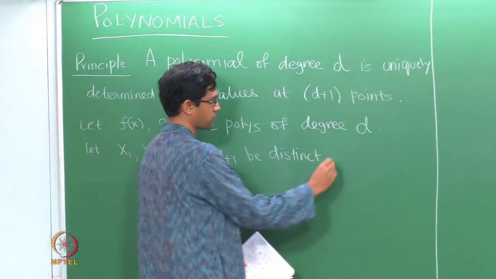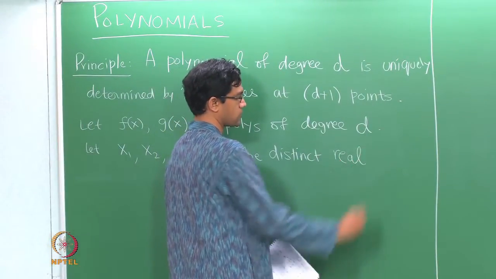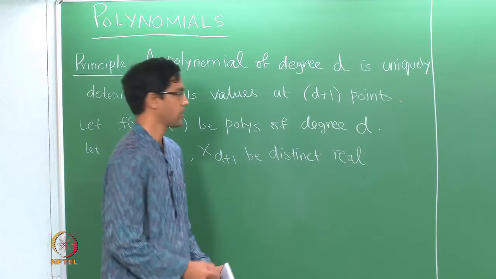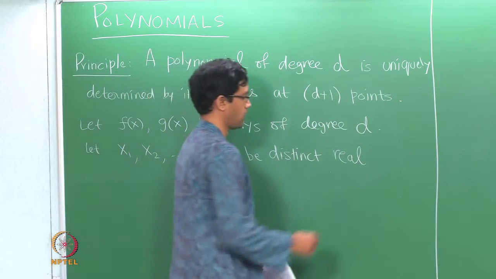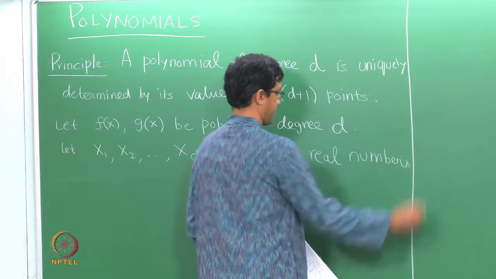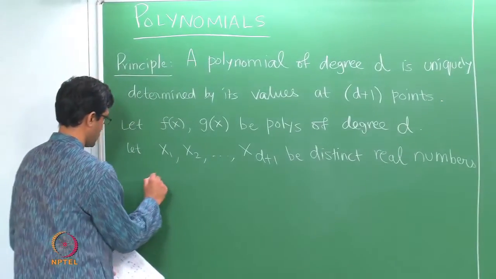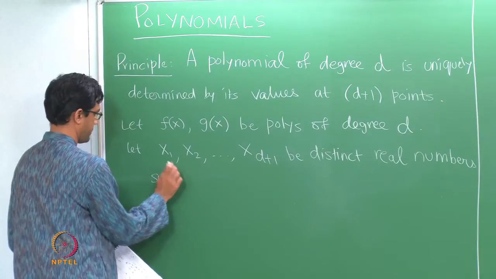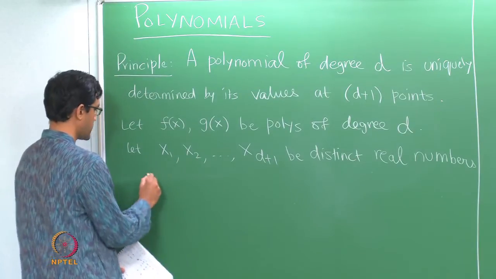By points, of course, we mean real numbers or complex numbers or whatever it is that you are plugging into the polynomial. Let us say real numbers for our purposes. Let these be distinct real numbers.